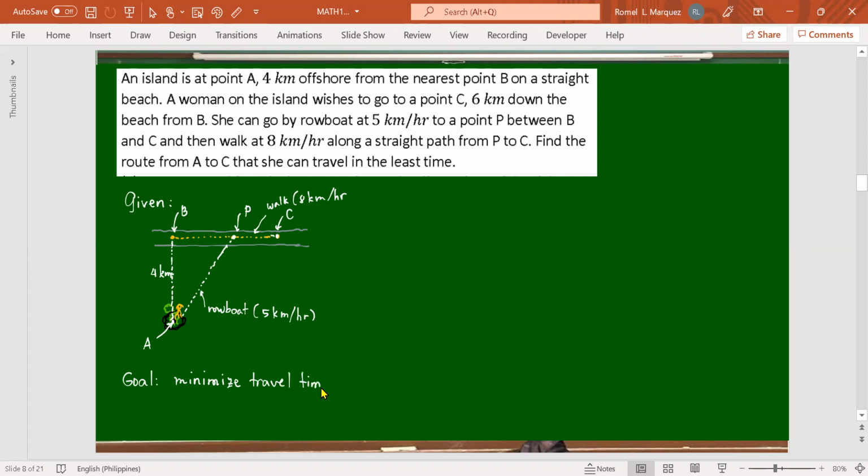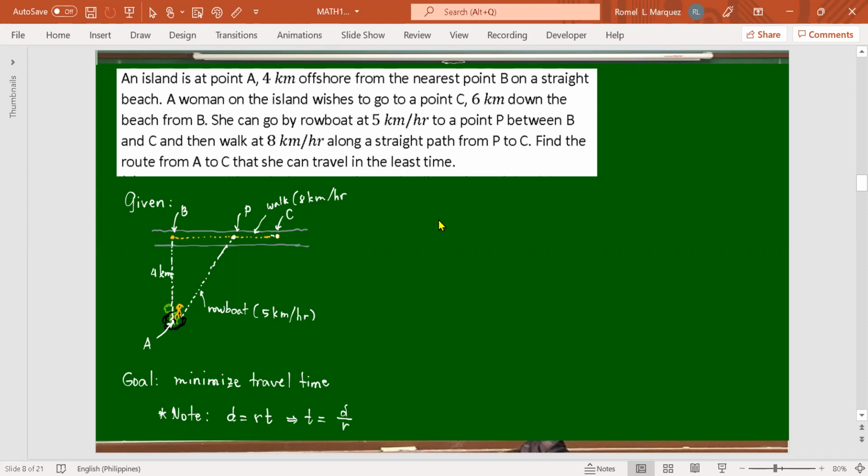Do you still remember the relationship of distance and time? Tsaka rate, guys? Ano nga yung relationship ng distance with time, guys? Distance is equal to what? Rate multiplied by time. Am I correct? Iho? Yes, sir. What about the time? Distance over rate.